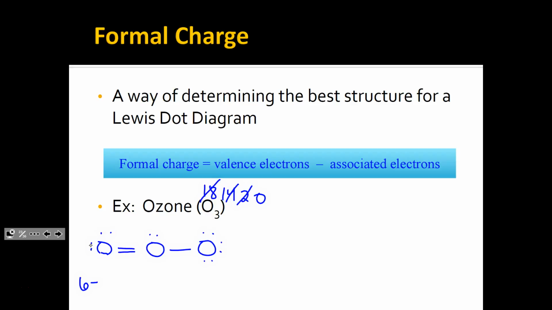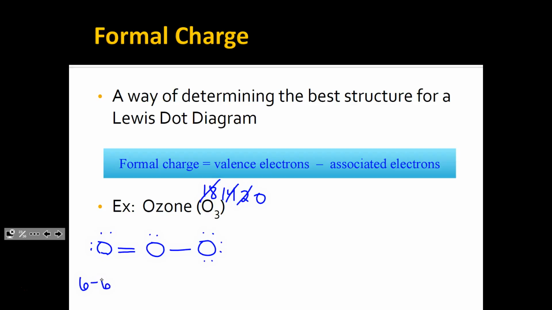But then also, these electrons in the middle are half owned by this oxygen on the left and half owned by this oxygen on the right. So you can say this oxygen on the left owns half of them. So it owns these 4, and then out of these 4 electrons that are in the middle, it owns half, so 2. So total, there are 6 electrons that are associated to that oxygen.